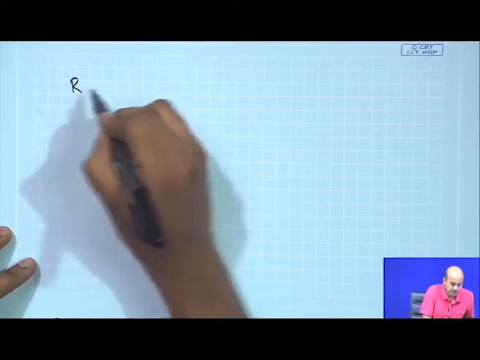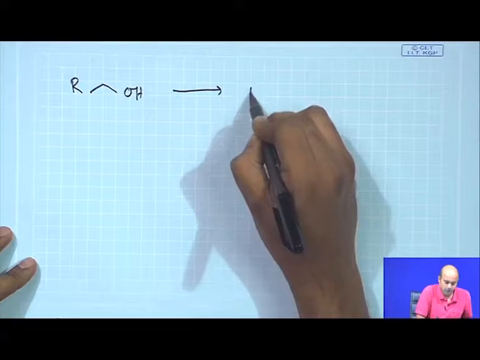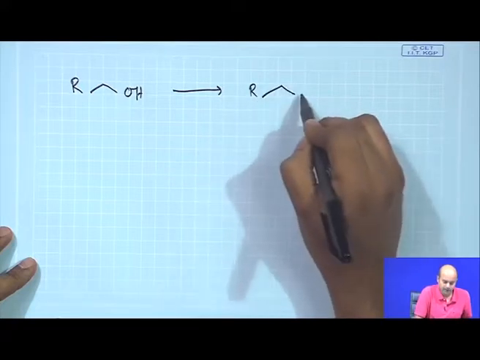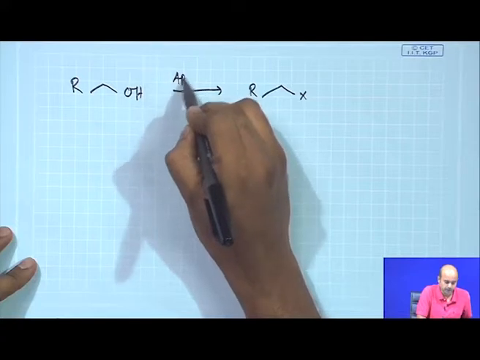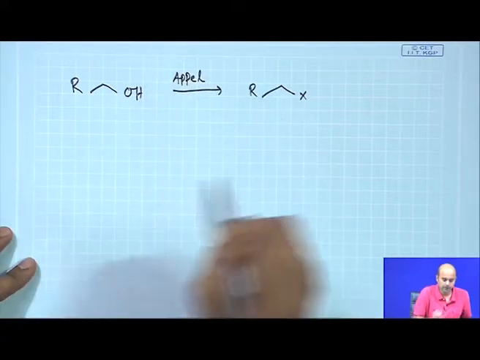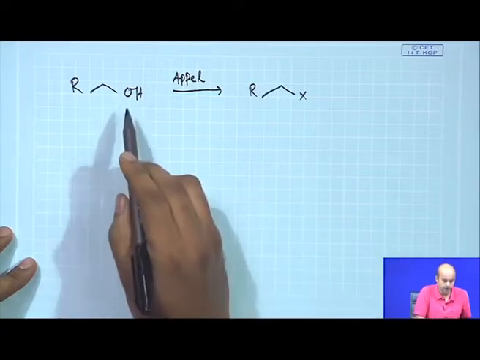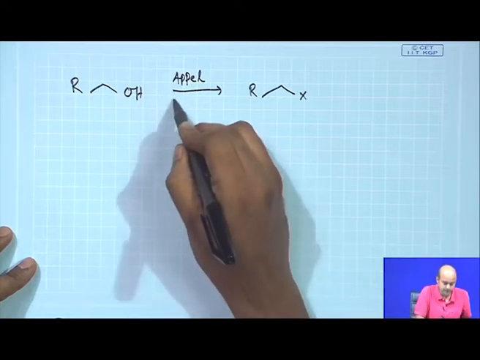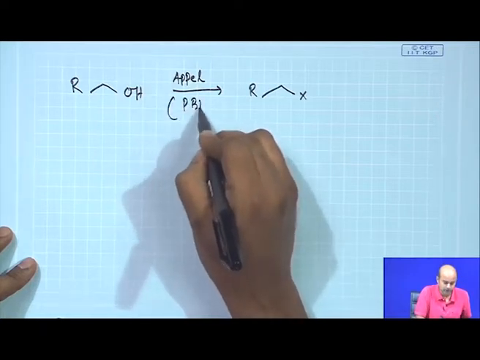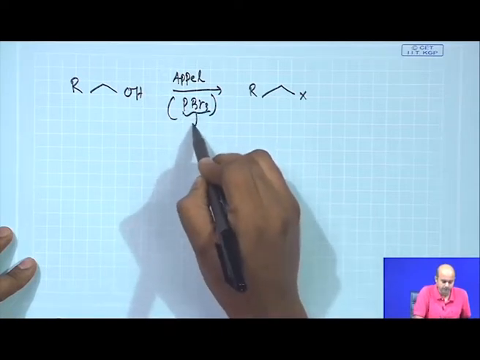Now, the Appel reaction is a very useful reaction. It will give you access to the corresponding halogen compound starting from a parent alcohol in a single step. Normally, if you have to convert an alcohol to the corresponding bromide, you can definitely do it by PBr3 or PCl3, but handling PBr3 and PCl3 is very tough.